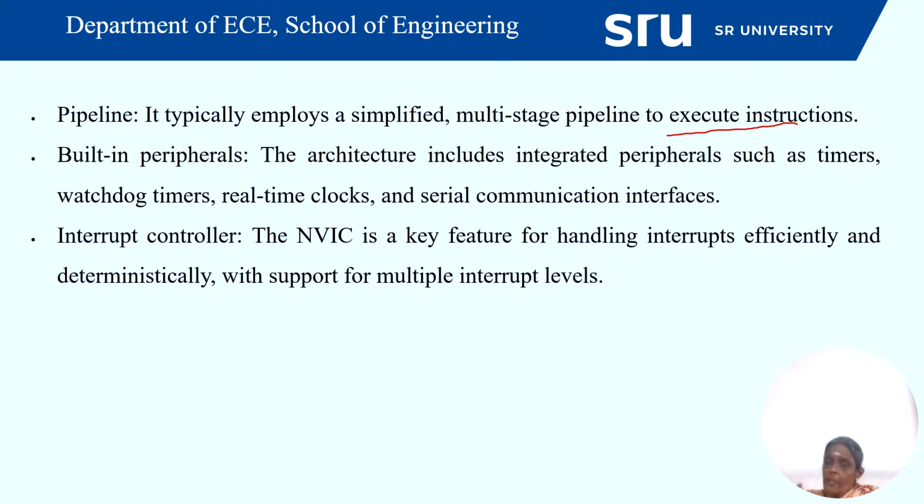For example, it may be divided into 3 phases or 3 stages, or depending on the architecture, it may go up to 6 stages in one instruction. So suppose let us take the primary one only. Suppose the instruction is divided into three stages, then what is the norm here?